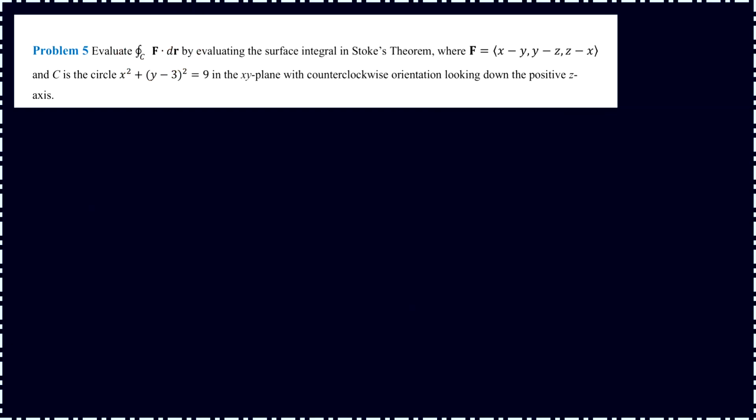So again, we have the vector field, and we're not going to evaluate this directly because you would need to parameterize that, which is not a regular a cosine t, a sine t parametrization. This has a shifted center.